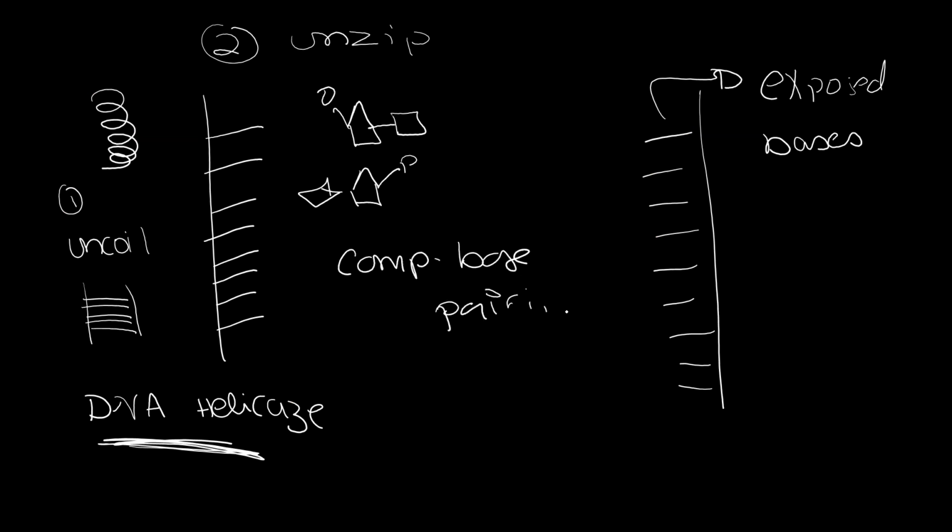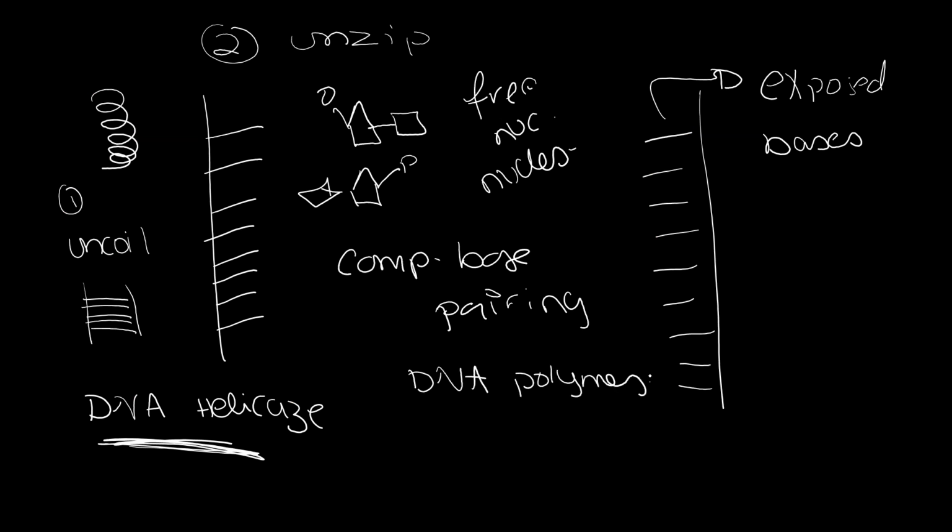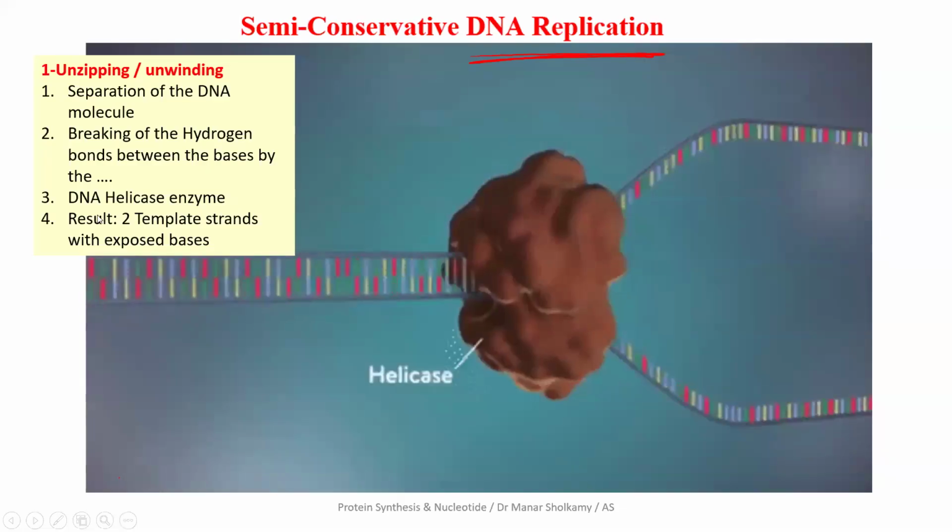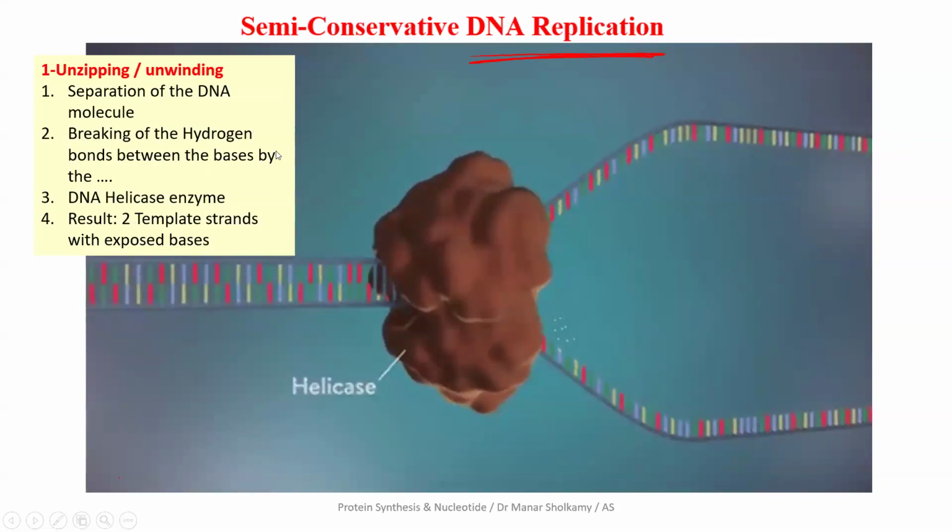Now, where did these free nucleotides come from? They came from a free nucleotide pool in the nucleus. And who will bond the free nucleotides with the exposed bases? The DNA polymerase enzyme. Now, I think my drawings are not very descriptive, so I'm going to use the PowerPoint.